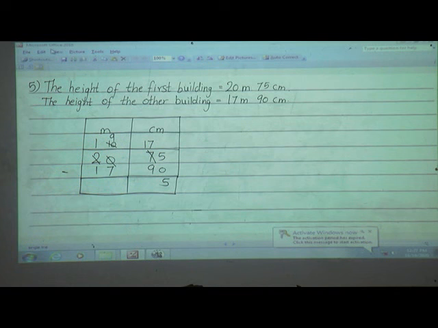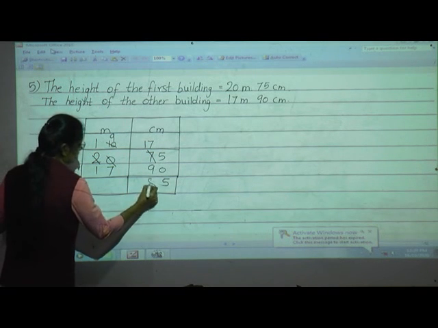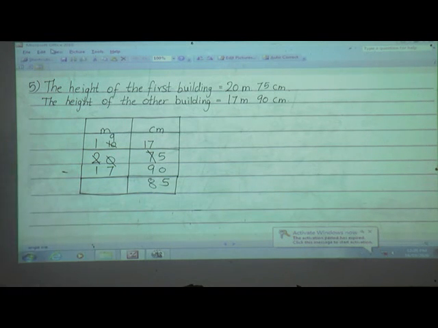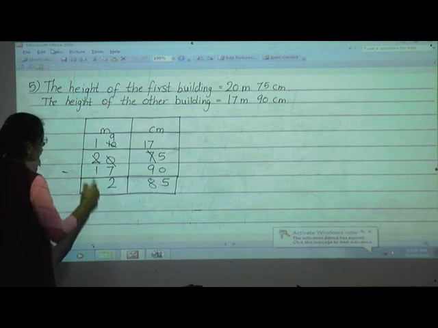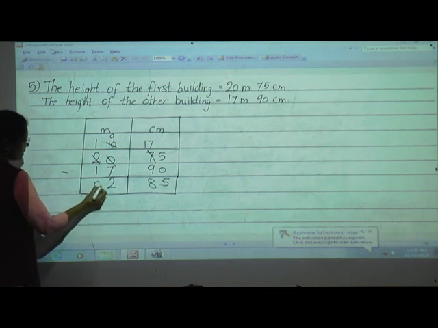Okay, now 17 minus 9. Yes, 17 minus 9. After 9, count your fingers till 17. Yes, 8. Okay, so we will write here 8. Now we will move to the meters column. 9 minus 7, 2. And here 1 minus 1, 0.